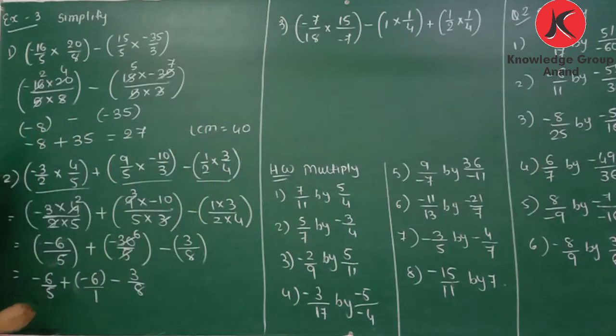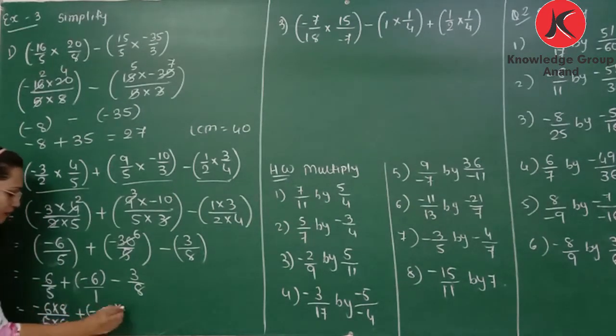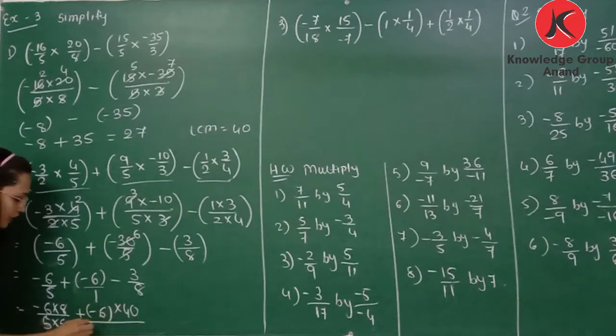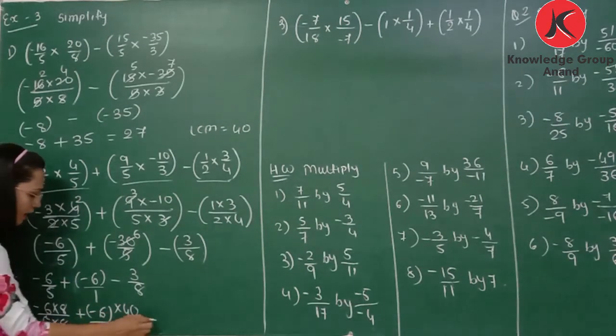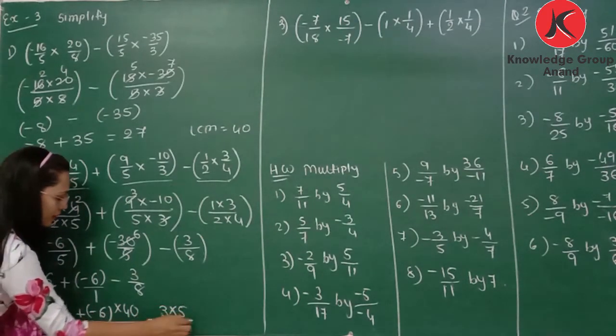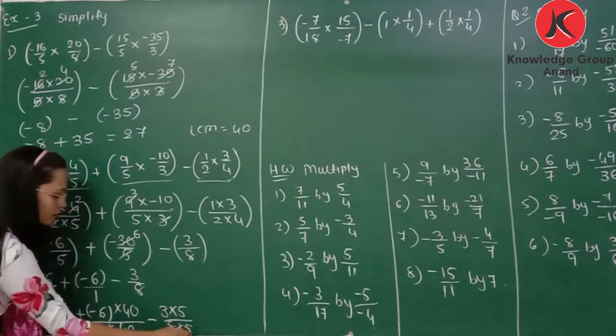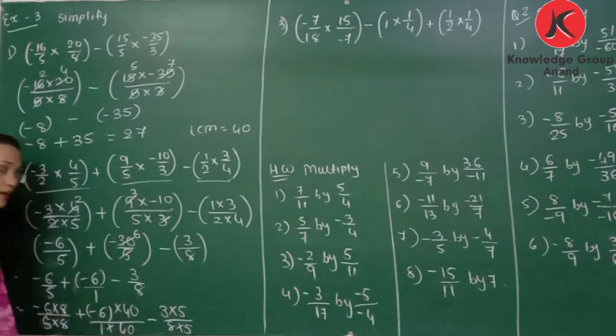Okay. It means minus 6 by 5 needs to be multiplied by 8 to get 40 here. Minus 6 needs to be multiplied by 40 because the denominator is 1. And 3 needs to be multiplied by 5, because to get denominator 40 we need to multiply it with 5.